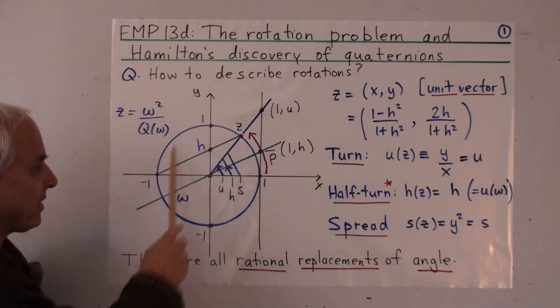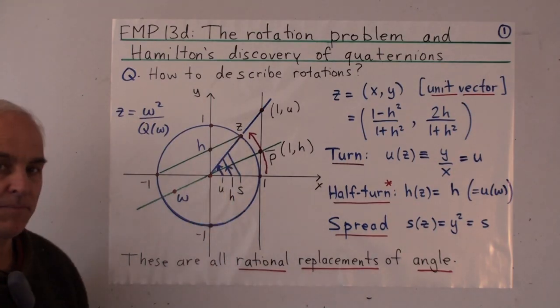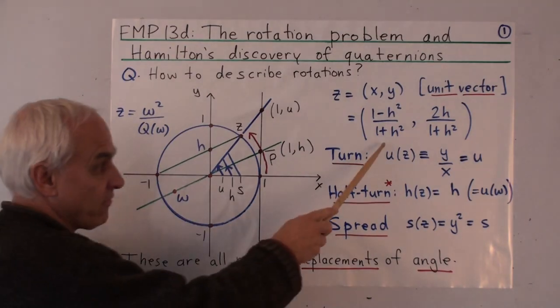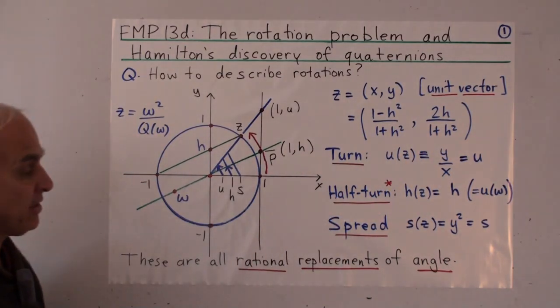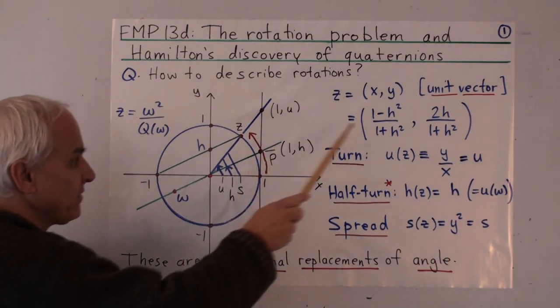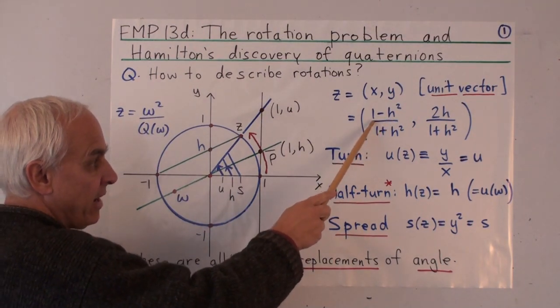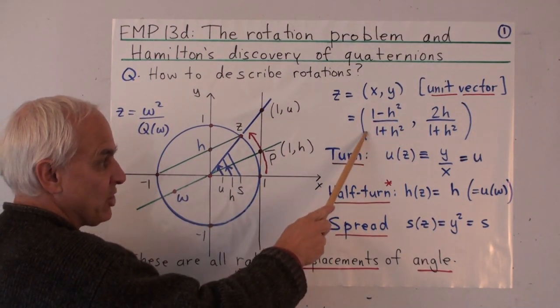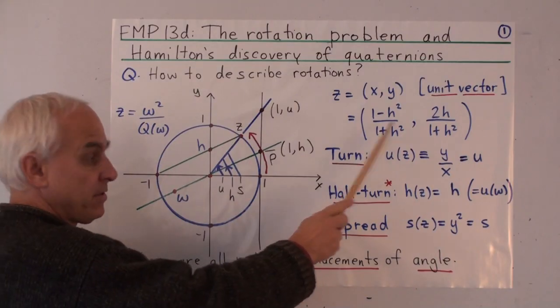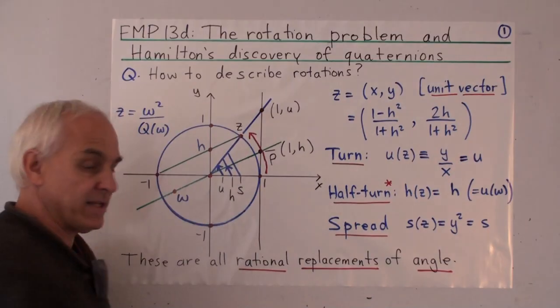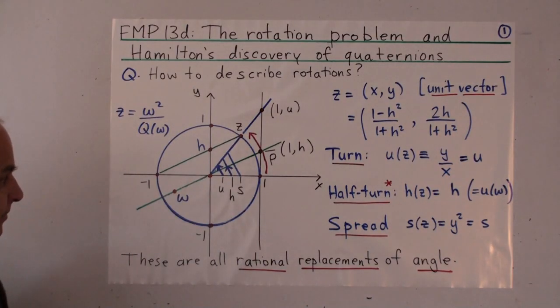That point can be expressed in terms of a rational parameterization in this form, in terms of some rational number h. The expression 1 minus h squared over 1 plus h squared is the x coordinate, and 2h over 1 plus h squared is the y coordinate.